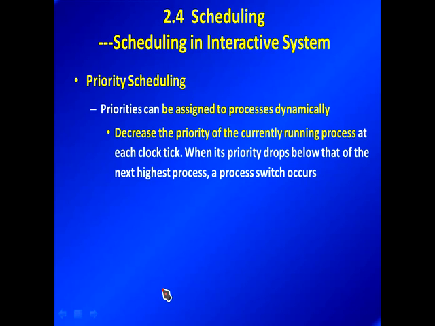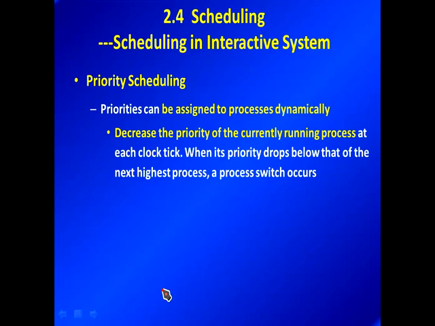And you can see after this process runs a lot of instructions, as we just set, the priority of the current process is decreased at each clock tick.